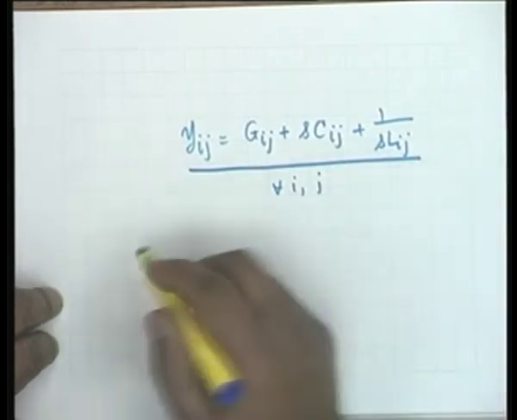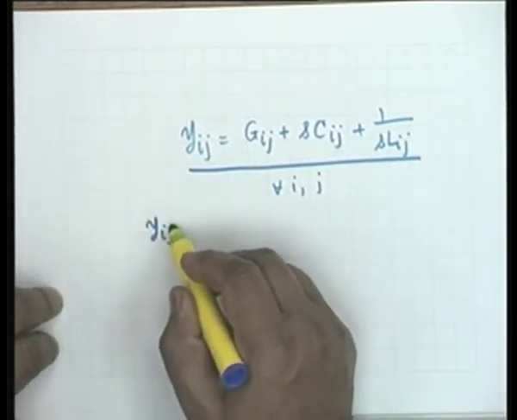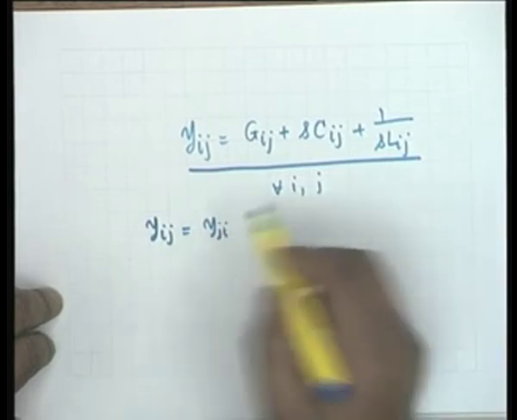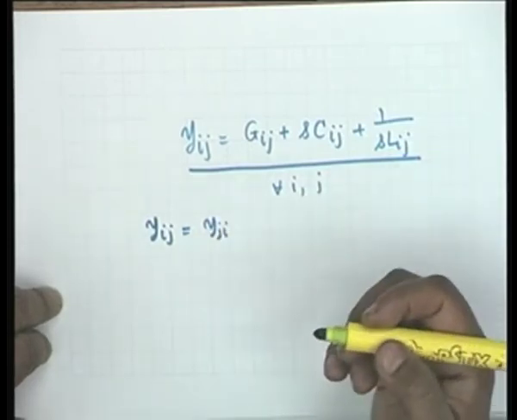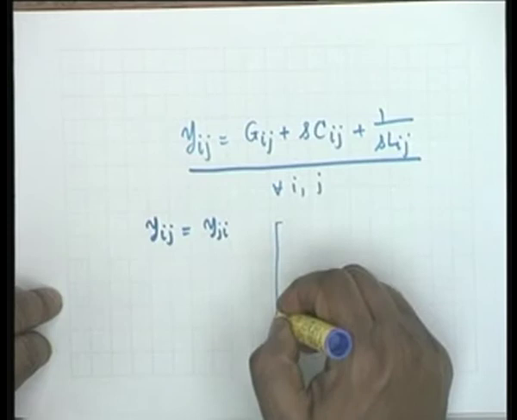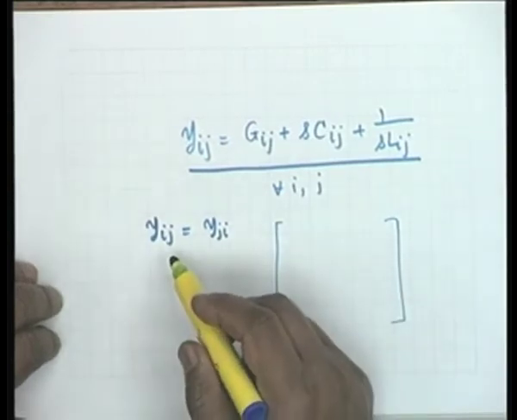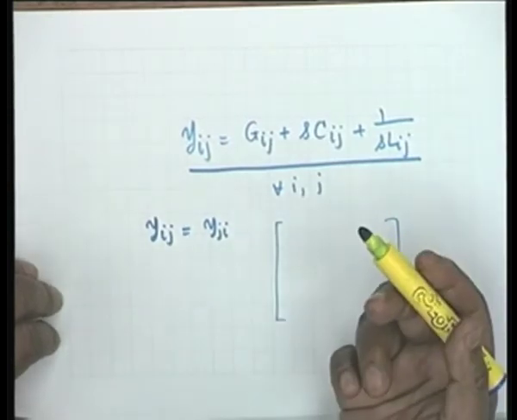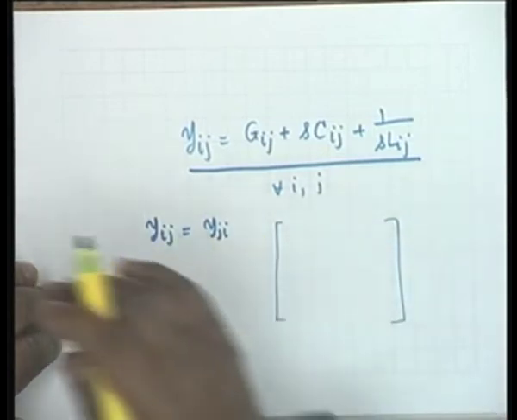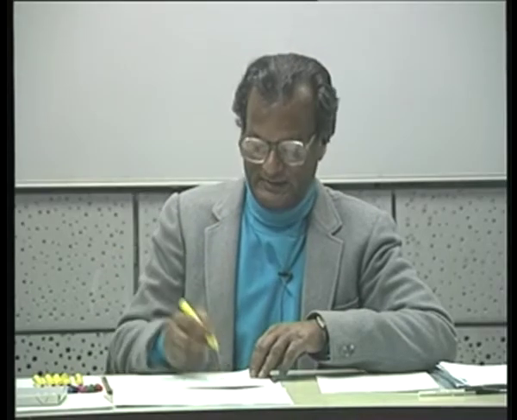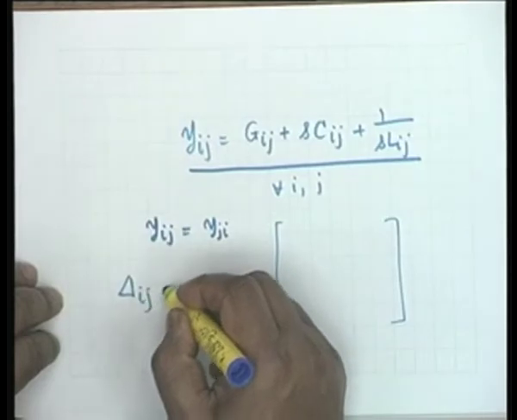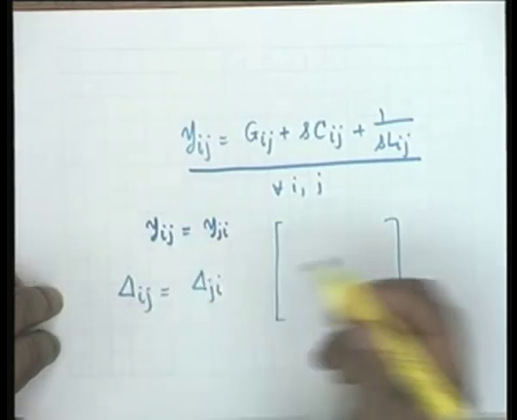But the fact that Yij equals Yji also shows that for this Y matrix, the cofactors with corresponding subscripts shall also be equal, because the cofactors are obtained by deleting a particular row and a particular column, and therefore del Ij shall be equal to del Ji.